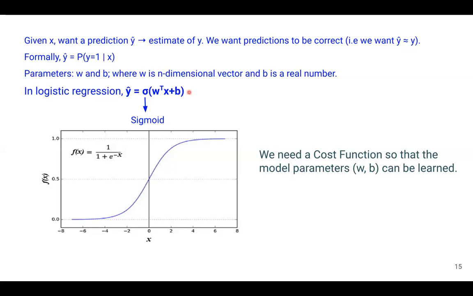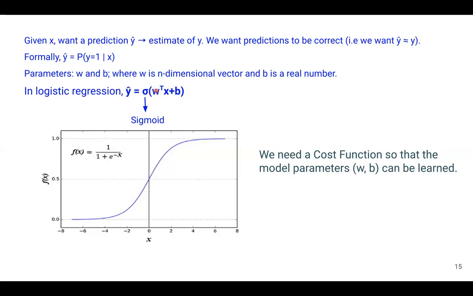The easy or compact way to write this is W transpose x plus b. You can just multiply the vector x and this vector W, but you need to have a transpose here for this multiplication to work.